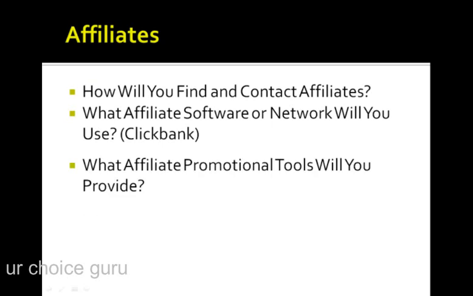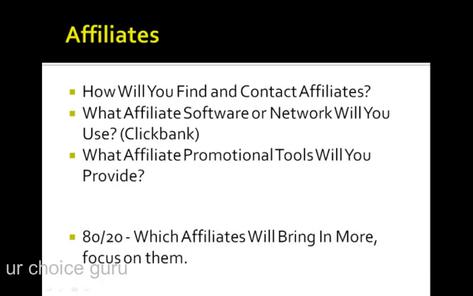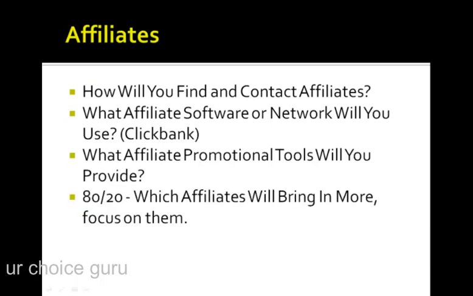Let's talk about the 80-20 rule. You need to figure out which affiliates will bring in more profits. Those are usually the top 20%. Find out who those affiliates are, study them, and focus on them. You could even put in a special thing like, okay, you make this many sales, I'll bump you up to this much percentage.